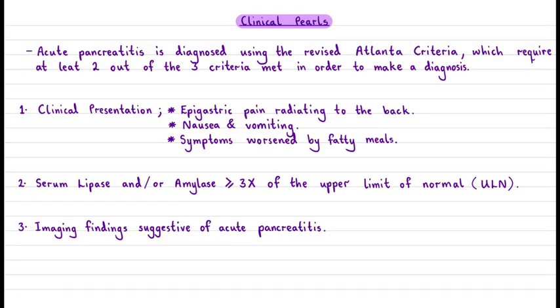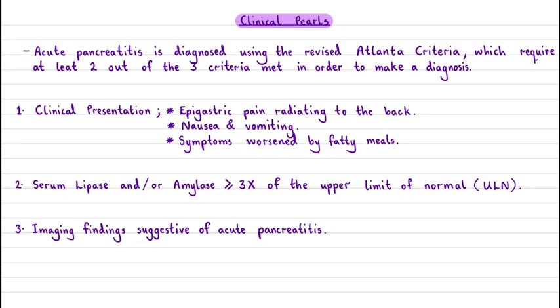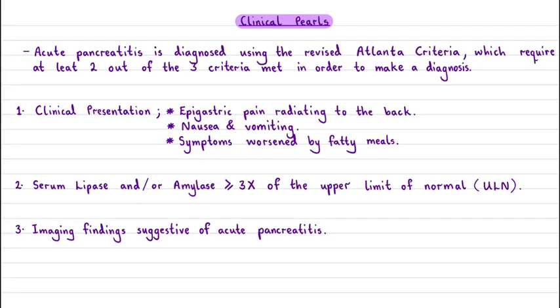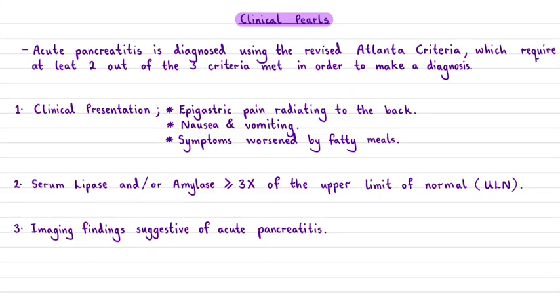So here are some clinical pearls. Acute pancreatitis is diagnosed using the revised Atlanta criteria, which require at least 2 out of the 3 criteria met in order to make the diagnosis. So you've got these 3, and then you need only 2 in order to make a diagnosis of acute pancreatitis. Normally in a clinical setting, we've got both of these 2 criteria met, which is why we don't usually order imaging for a suspected case of acute pancreatitis.